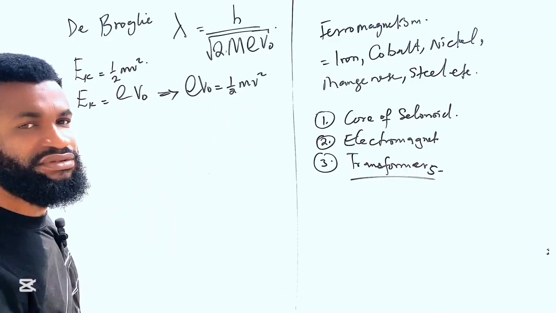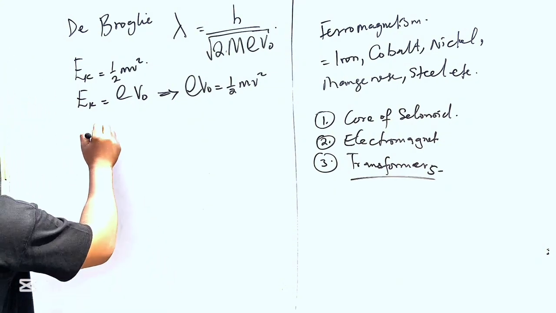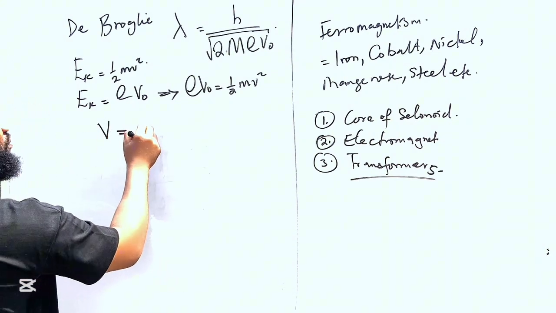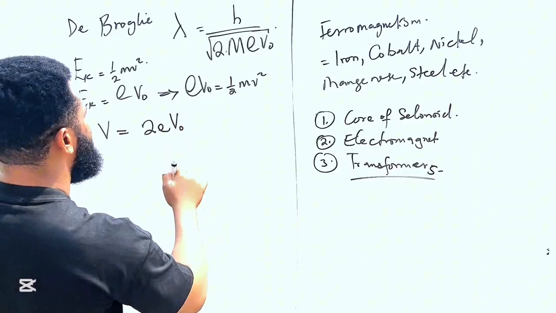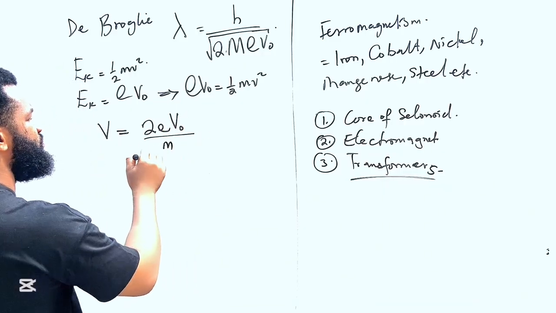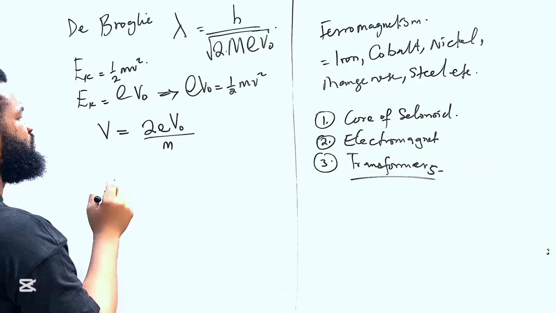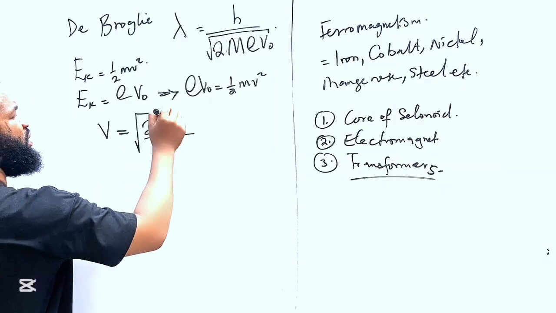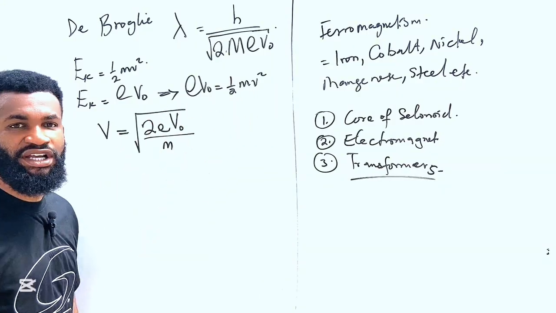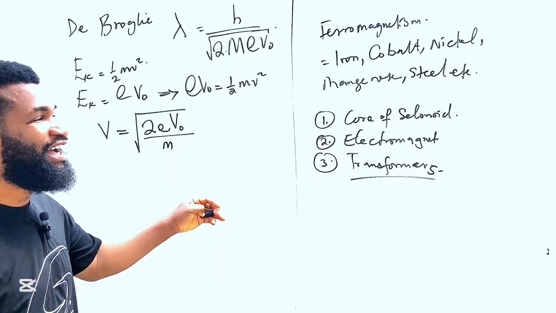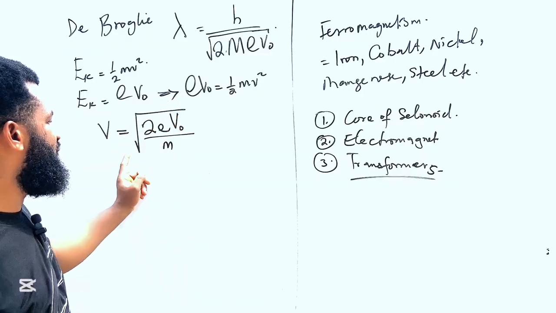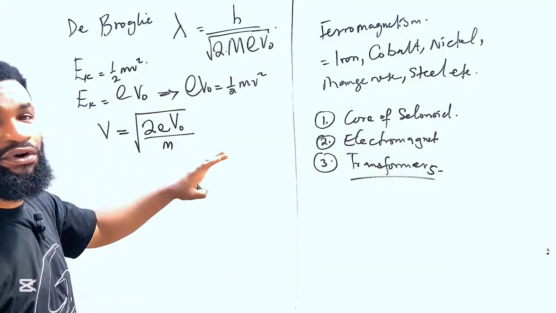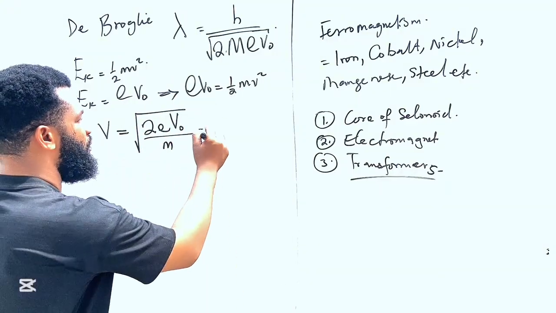Therefore, v is equal to the square root of 2 e V sub naught divided by m, making v the subject of the formula. So this is v for equation 1.